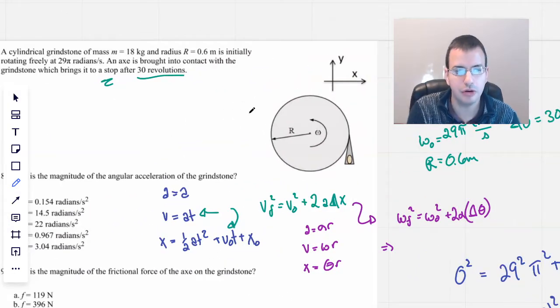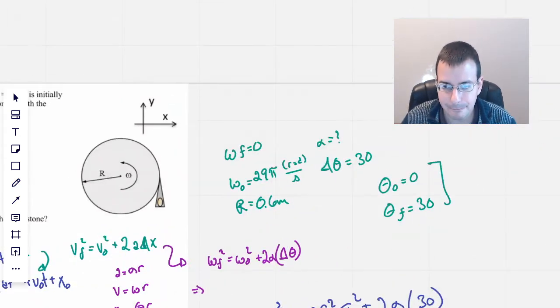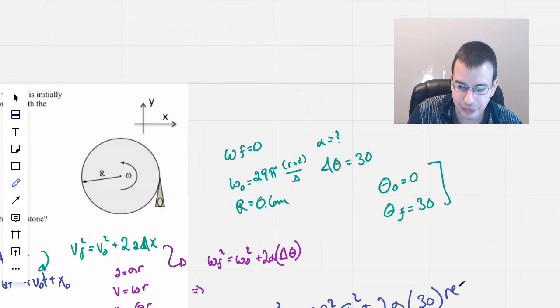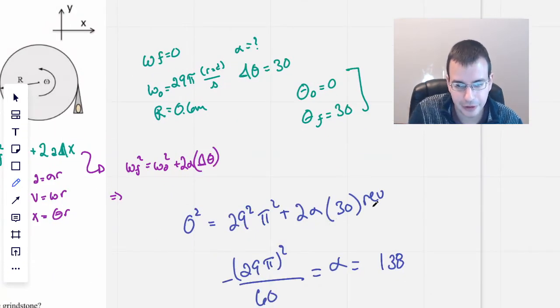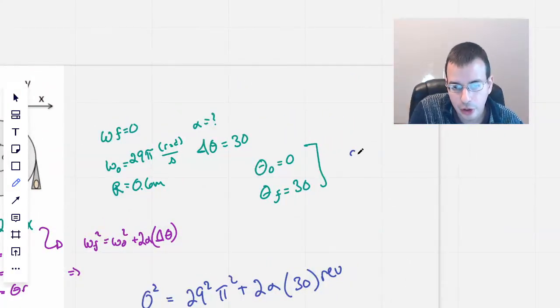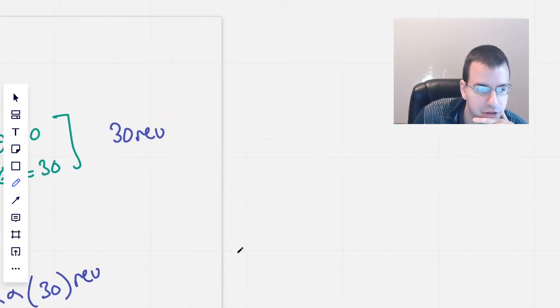Oh, 30 revolutions. Okay. We need to convert that to radians first. Revolutions per second. So 30, that just felt kind of weird. Felt high. 30 revolutions.